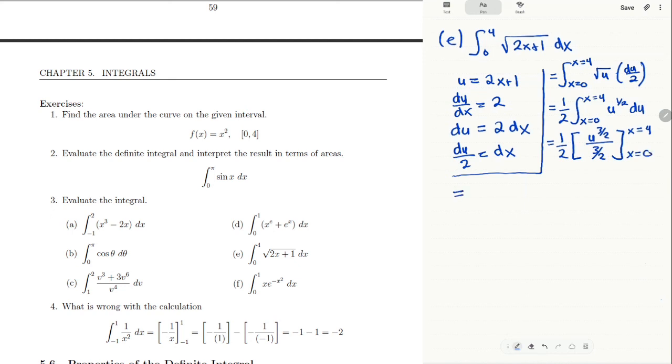So now let's simplify our coefficients. We have 1/2 times 2/3 u to the 3/2, evaluated at x equals 4 and x equals 0.